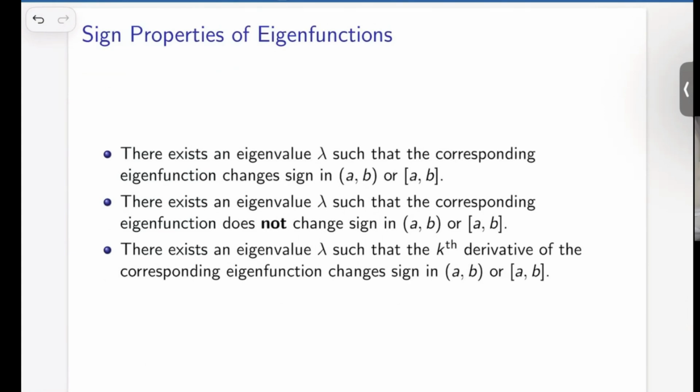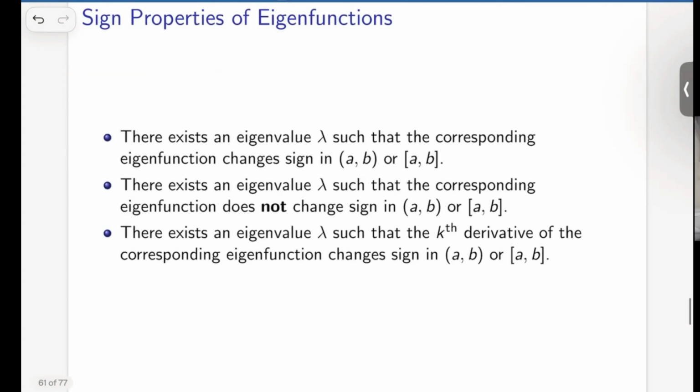Also, there exists an eigenvalue lambda such that the corresponding eigenfunction changes sign in (a, b). We can take any eigenvalue other than the least eigenvalue, and it will always change sign. For the least eigenvalue lambda naught, the eigenfunction never crosses the x-axis. So we have one eigenvalue that does not change sign.